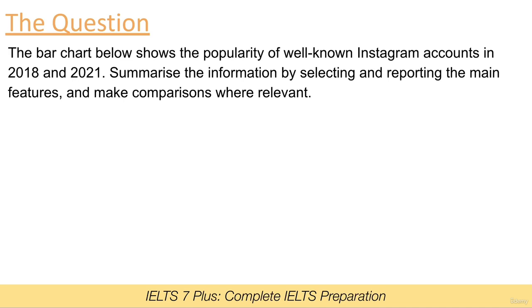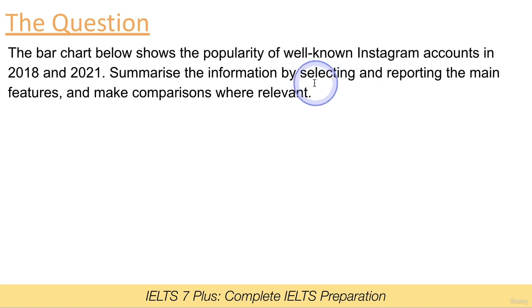The bar chart below shows the popularity of well-known Instagram accounts in 2018 and 2021. Summarize the information by selecting and reporting the main features and make comparisons where relevant. Well, as you can see, we're going to tackle this the same way as we did the last one.